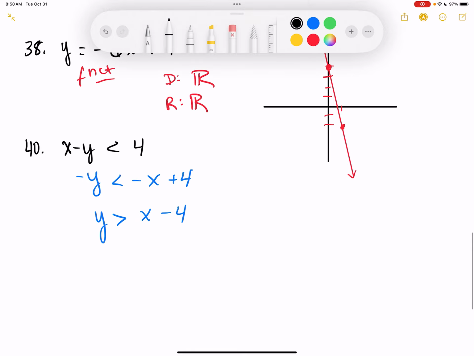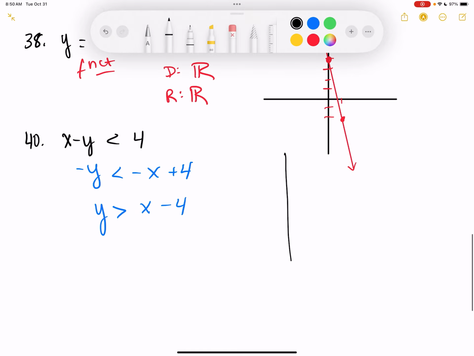Is it the dotted thing? Okay, yeah, this one would be dotted. So I would have down at negative 4, up 1 over 1, so on and so forth. It is dotted because it is greater than.